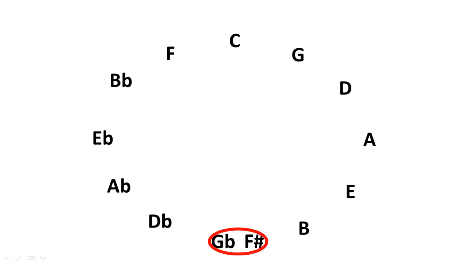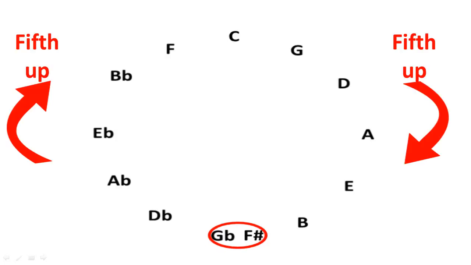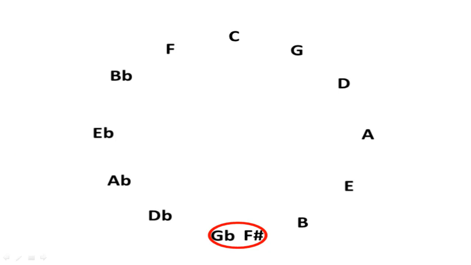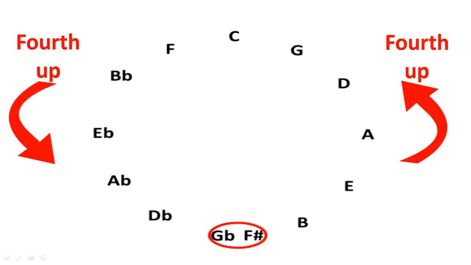They are enharmonic equivalent. So now going one step clockwise is the same as going up a fifth, and going one step counterclockwise in the circle is the same as going up a fourth.